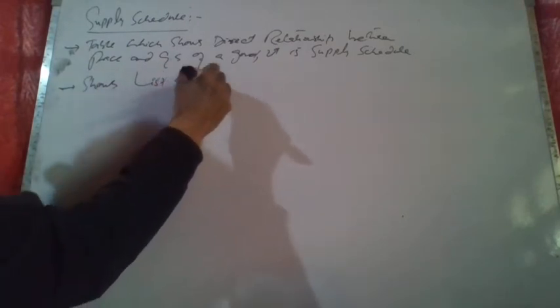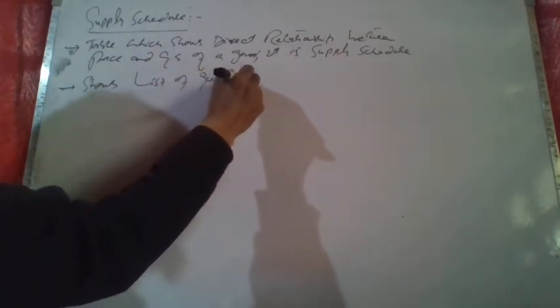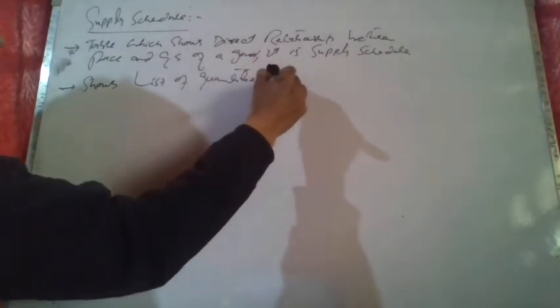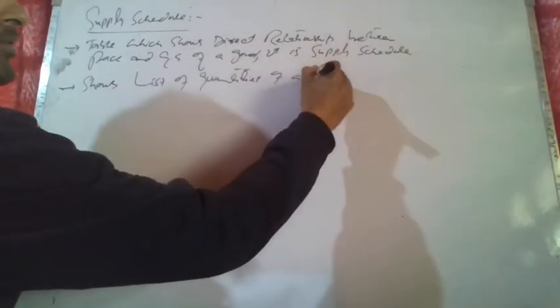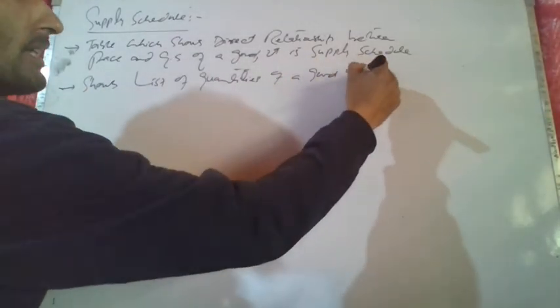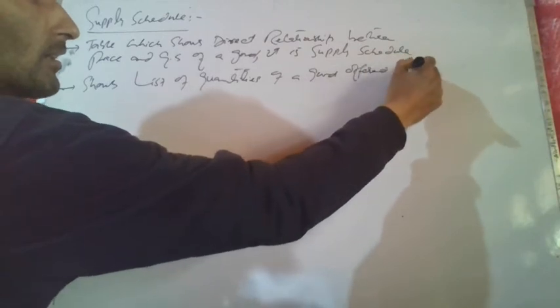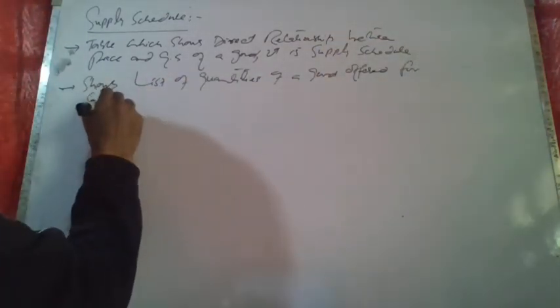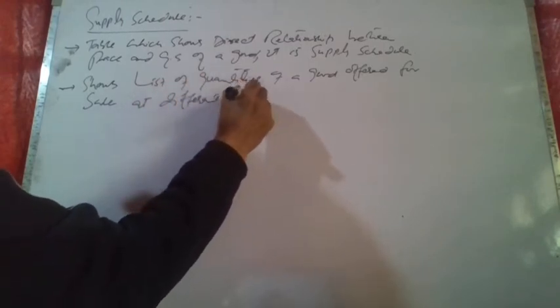Supply schedule shows a list of quantities, or different quantities, of a good offered for sale at different prices. That is supply schedule.